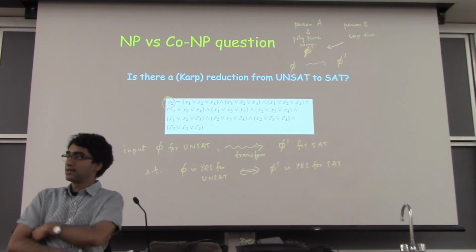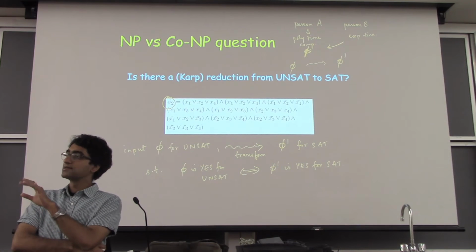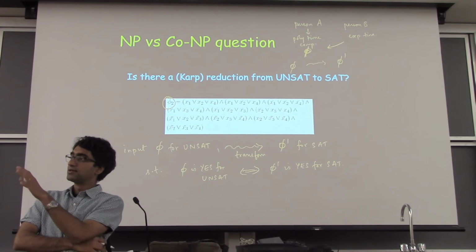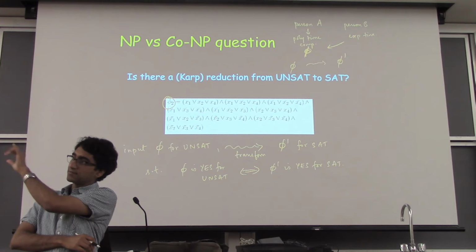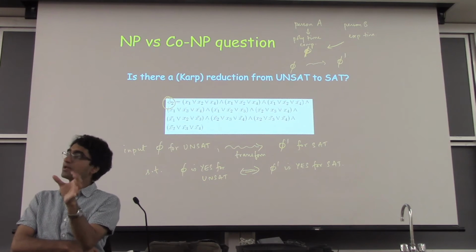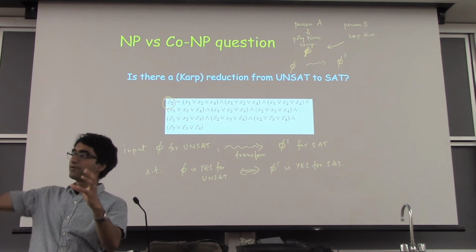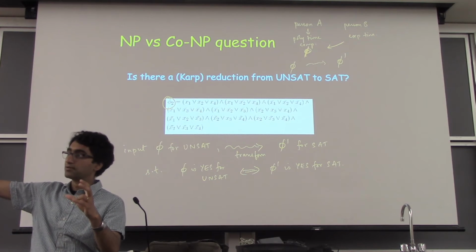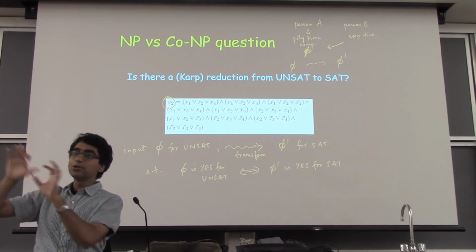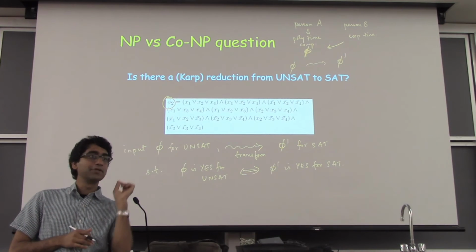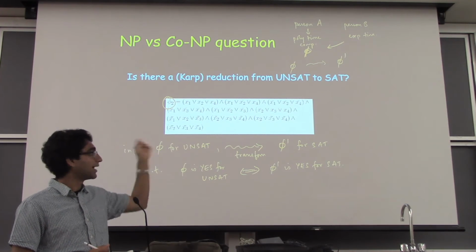All you want is the equivalence that this is yes if and only if that is yes. That's like saying this is not satisfiable if and only if that one were satisfiable. Then you can see the equivalence between this game notion and this.